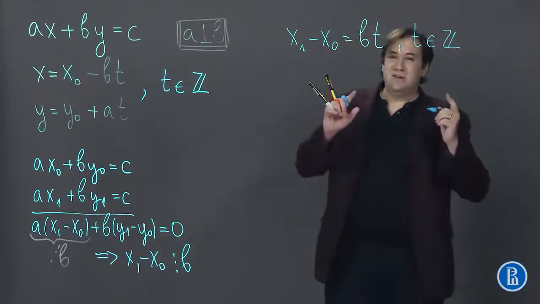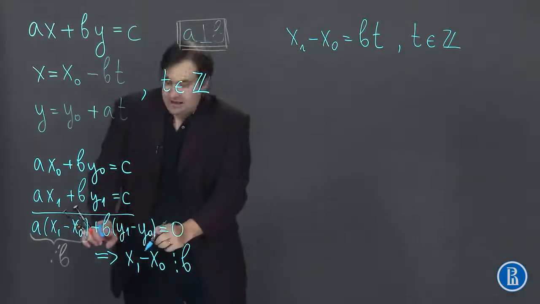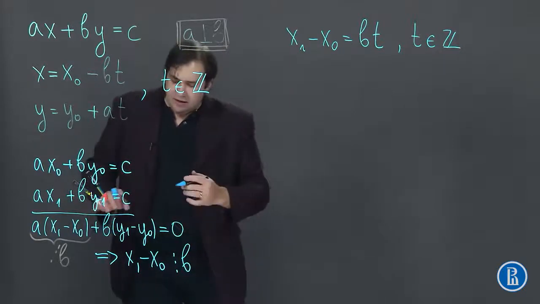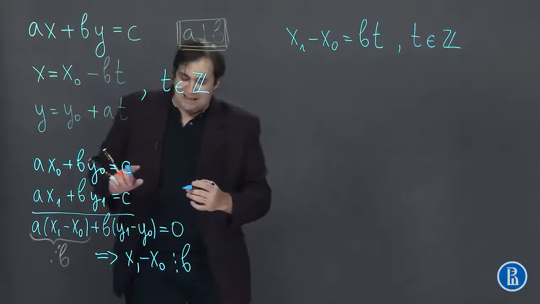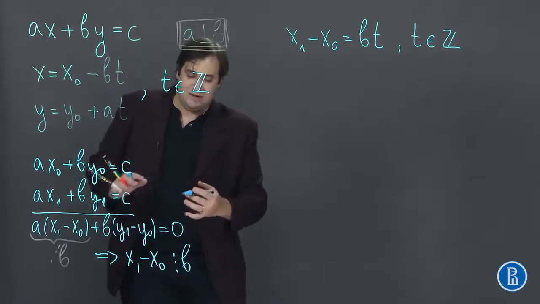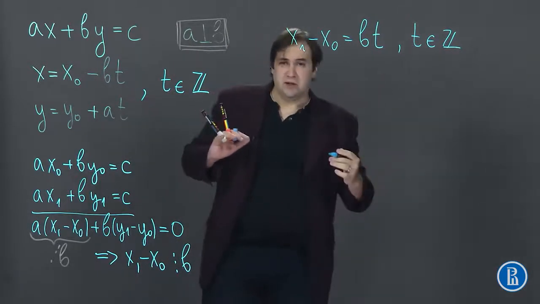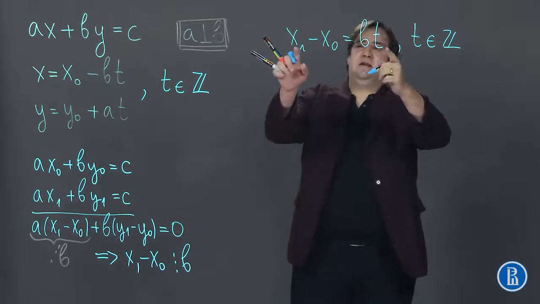And we could do the same thing with the second summand and say that it is divisible by a, and then y1 minus y0 must be divisible by a. But then we would get some other integer parameters. So we better substitute this equality.